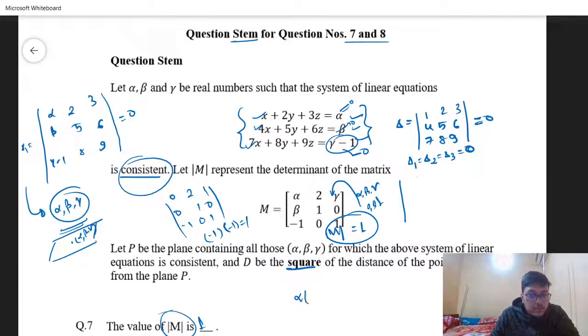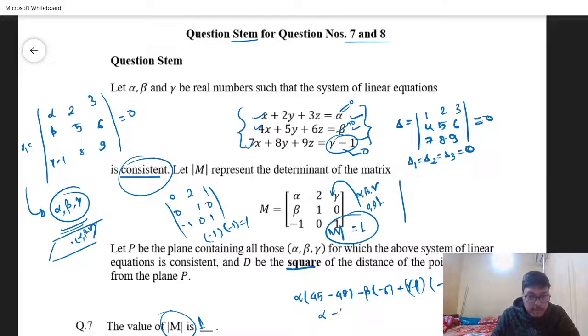Let's find out the determinant of this delta 1. So 45 minus 48, minus beta, 18 minus 24 minus 6, plus gamma, gamma minus 1 times 12 minus 15 minus 3 equals 0.